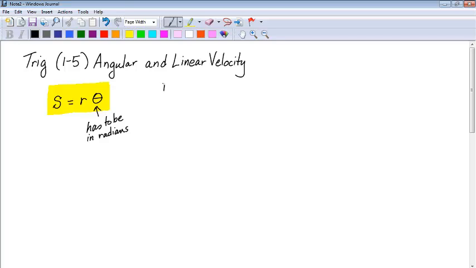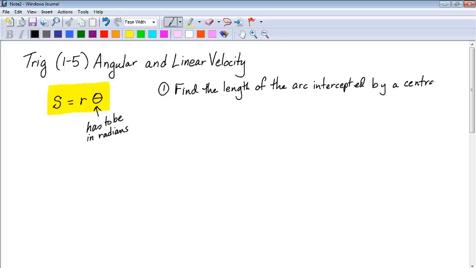So, an example. If they said find the length of the arc intercepted by a central angle of 2.5 radians in a circle of radius 5 centimeters.